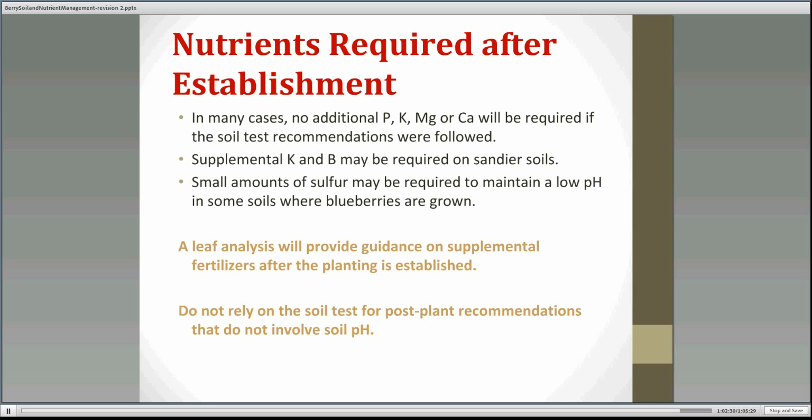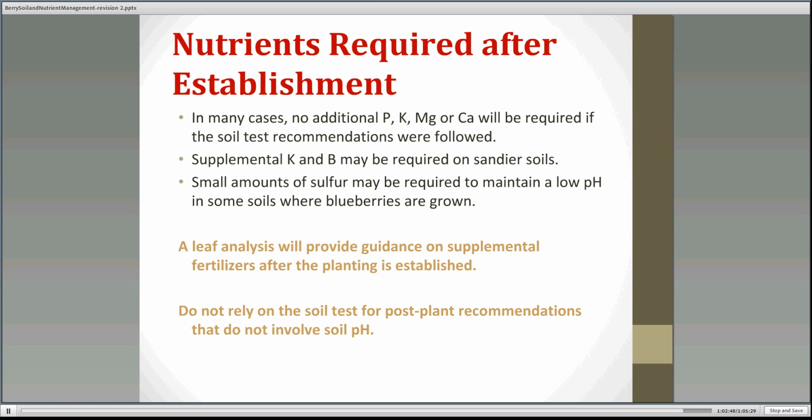So again, in many cases, no additional P, K, Mg, or Ca will be required if the soil test recommendations were followed at planting. You may need to supplement potassium and boron, especially on sandier soils because those have a tendency to leach more quickly.